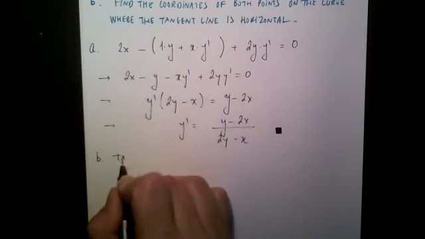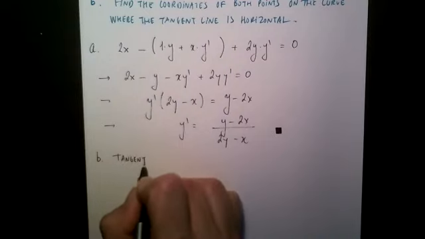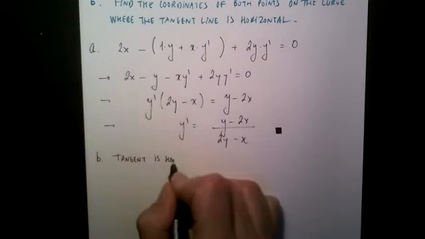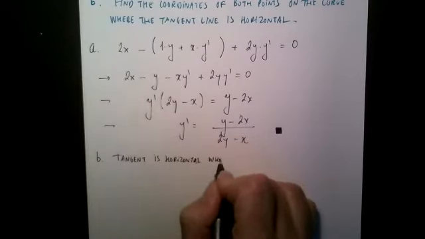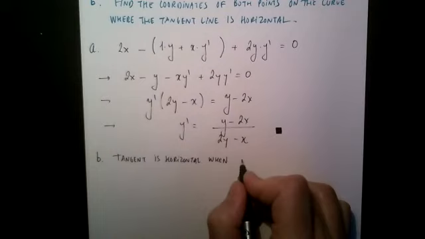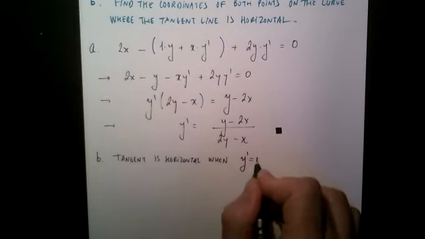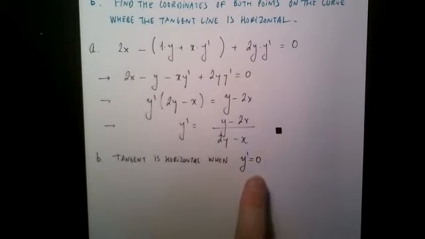B, so tangent is horizontal when what? The derivative is equal to 0. Exactly. So when y prime is equal to 0.